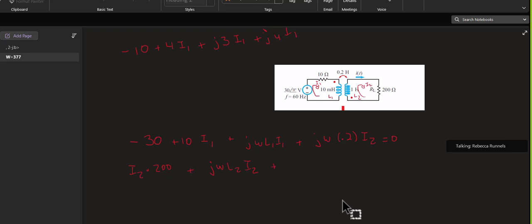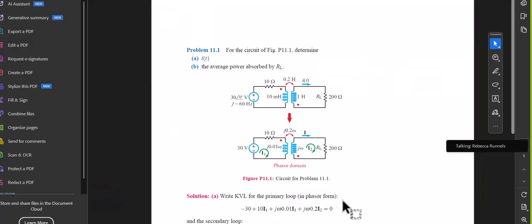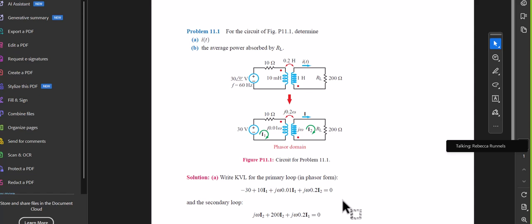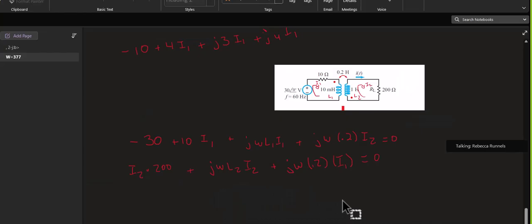So it'll be plus J omega 0.2 times I1 equals 0. Now let me double check that one. J omega I2, J omega 0.2, yep, those look right, okay.